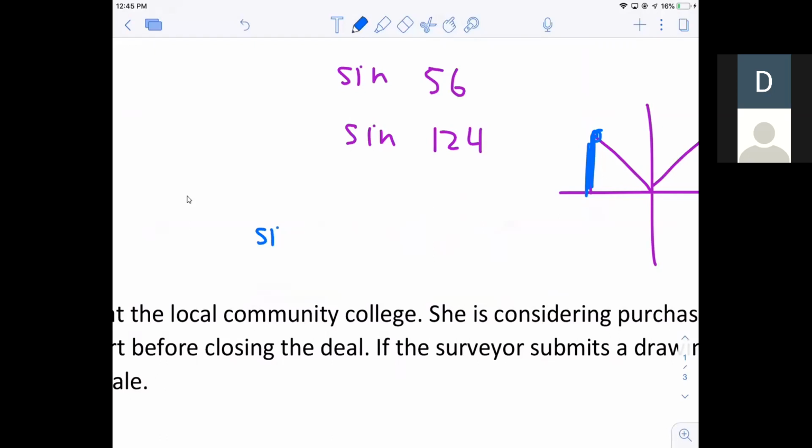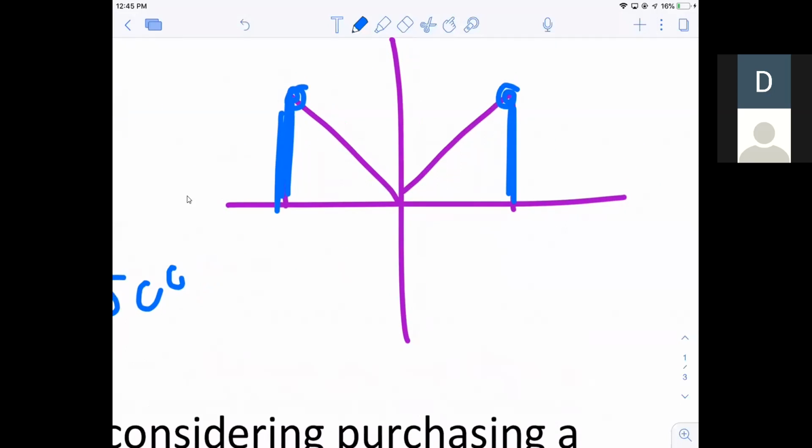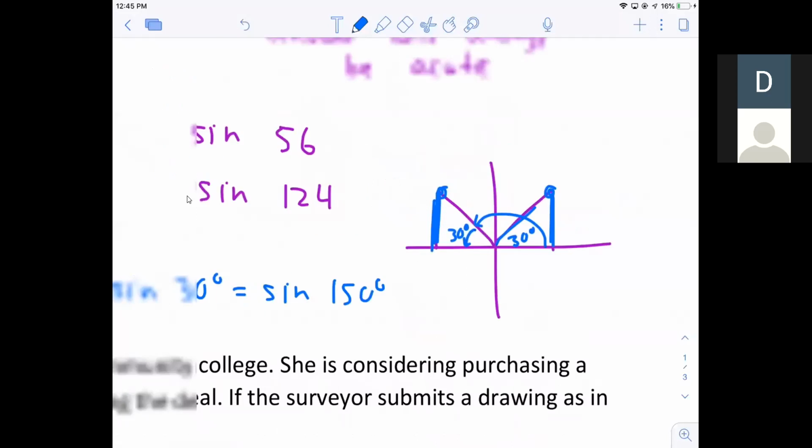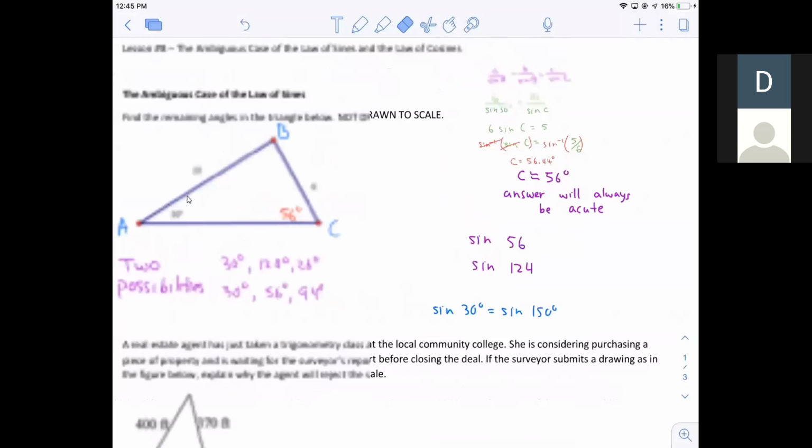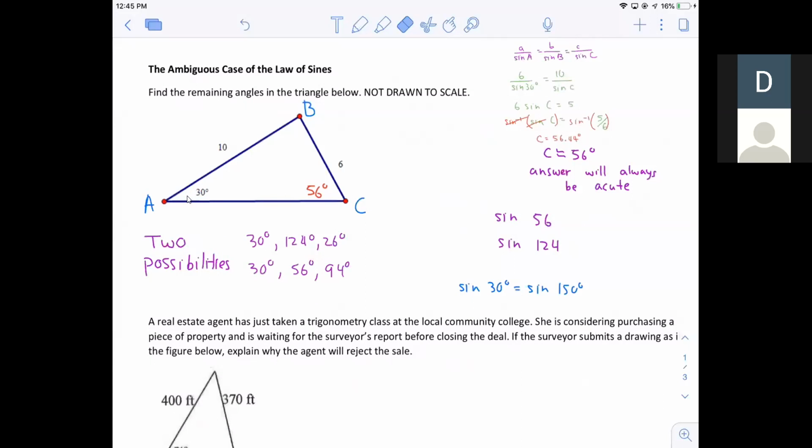For example, sine of 30 degrees is also equal to sine of 150 degrees. Because let's say this is 30 degrees here. 150 degrees would be this, and that'd be 30 degrees. We would have the same value for sine of 150 as sine of 30 degrees. And that's why we have two possibilities here.